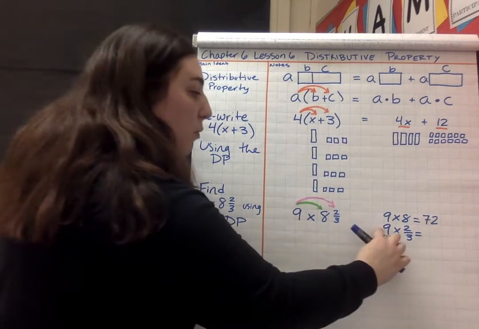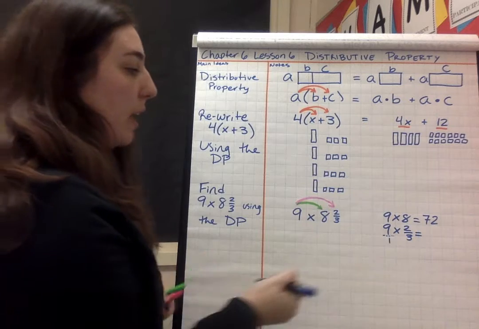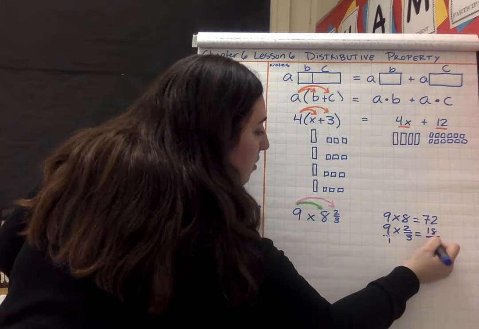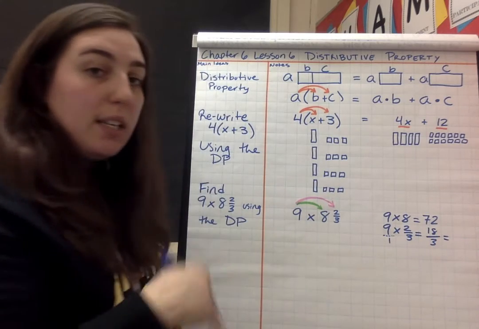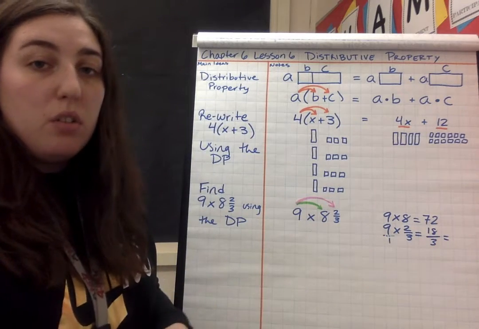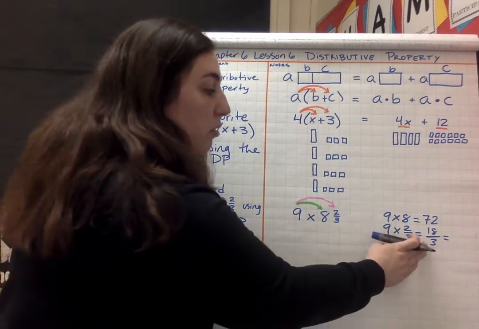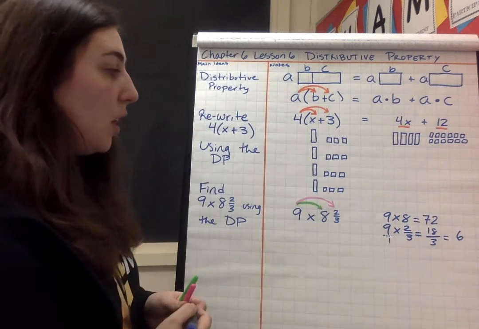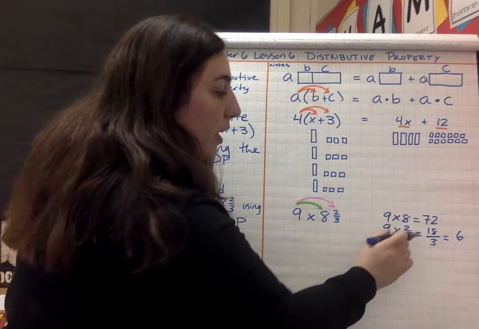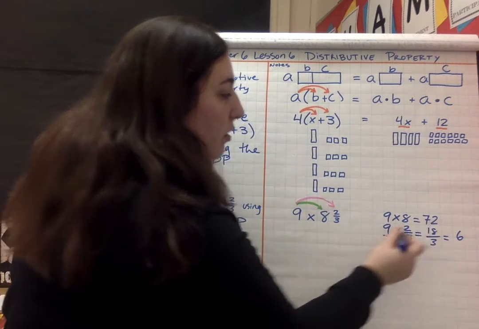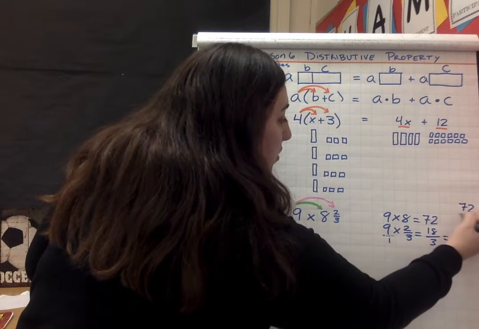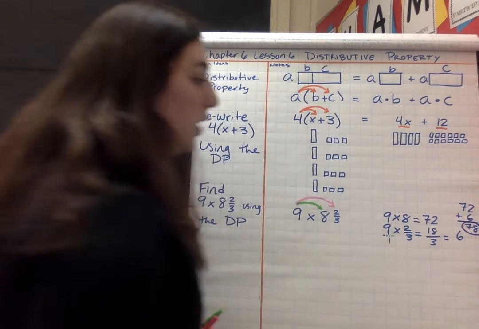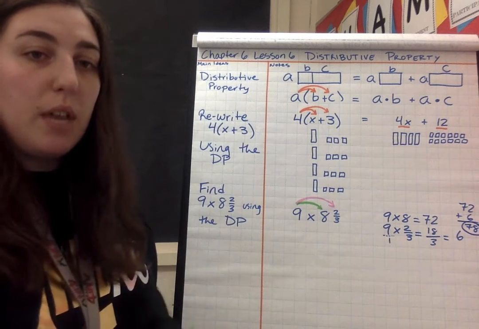Then we can just multiply across, so 9 times 2 is 18, and 1 times 3 is 3, and then we can simplify, okay, turn it into a whole number. So 3 goes into 18 6 times. Okay, now on the side over here, we're going to add these two together. 72 plus 6, 78 is my answer. Okay?